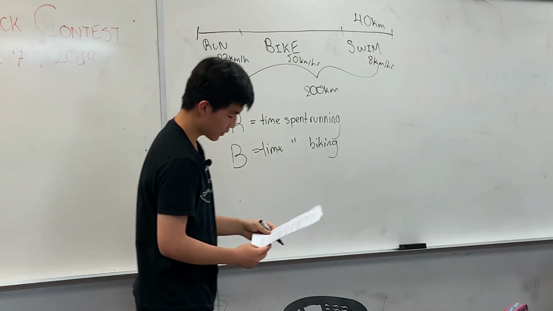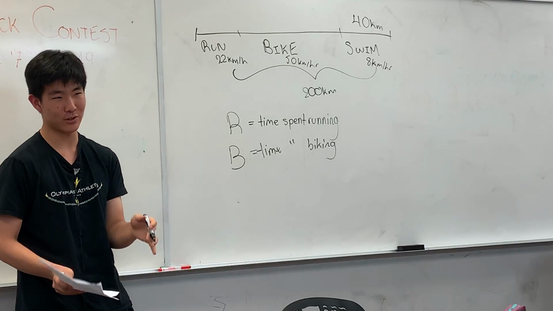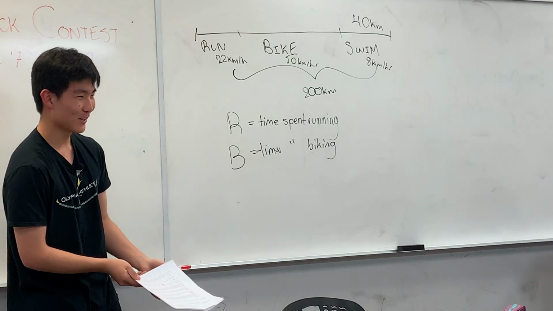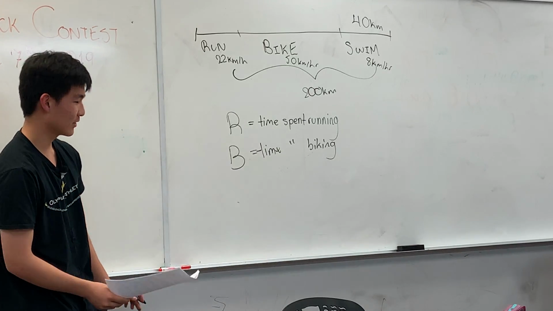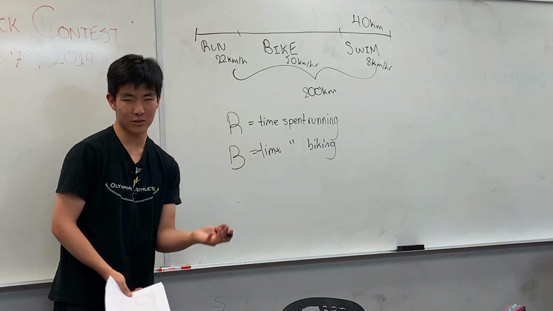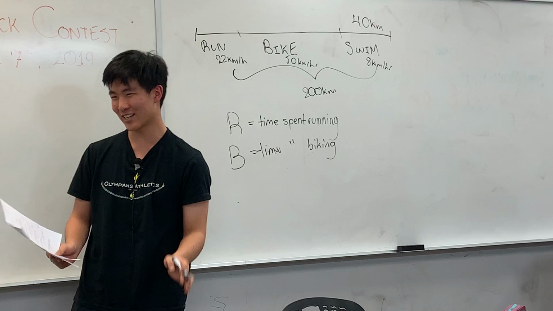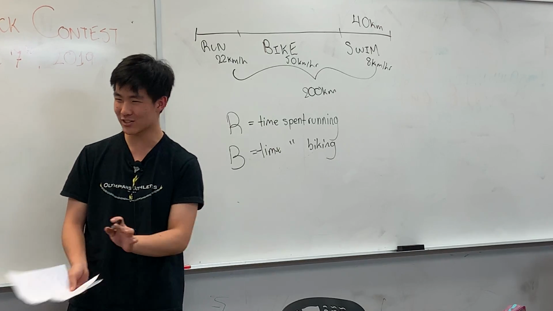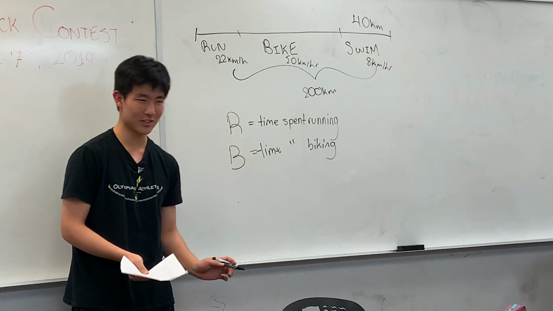Okay, so does anyone know the formula for how you solve for distance given a rate and a time? Yeah. What is it? Rate times time equals distance. Exactly. Does that sound familiar to anybody here? Yeah, rate times time equals distance.